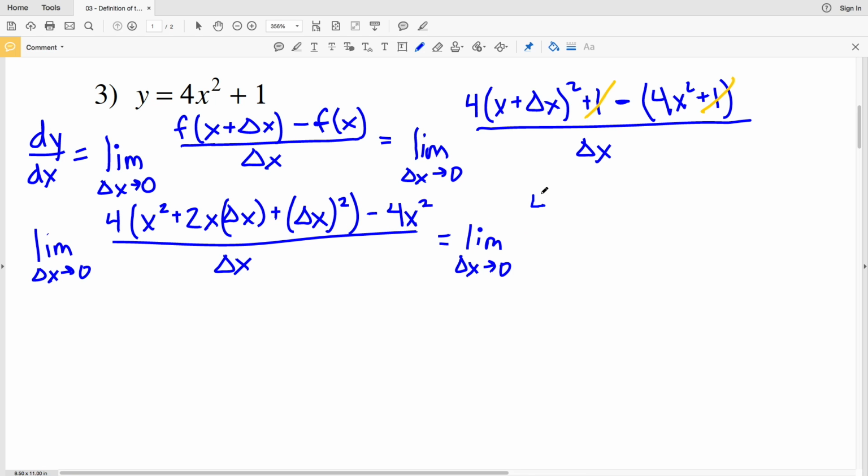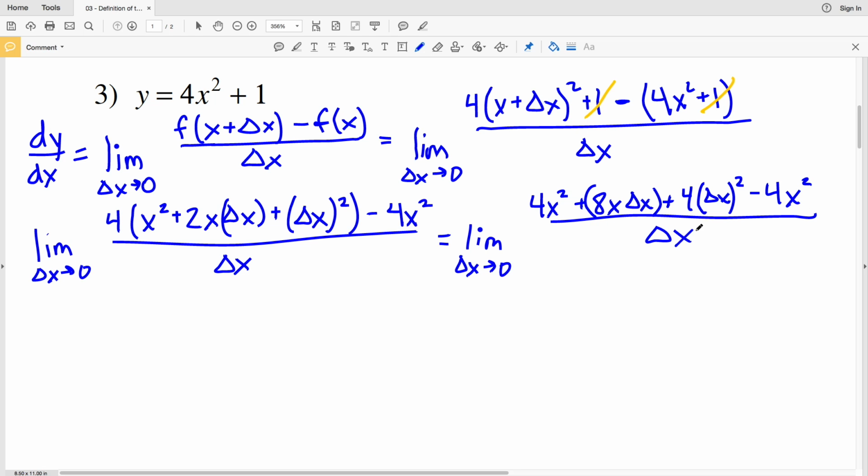So I'll have 4x squared plus 4 times 2, which is 8, so that's 8x delta x, plus 4 times delta x squared, and I'm still subtracting 4x squared from that, and this is all over delta x. So you'll be able to see that 4x squared cancels out with 4x squared to leave me with 8x delta x plus 4 delta x squared all over delta x.